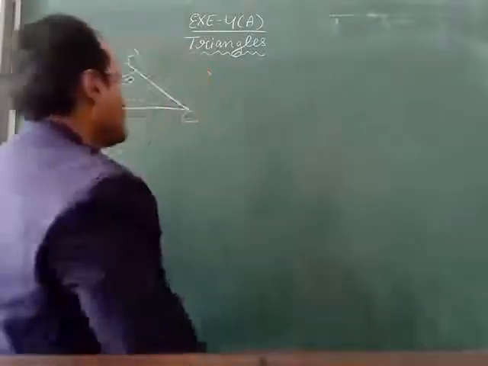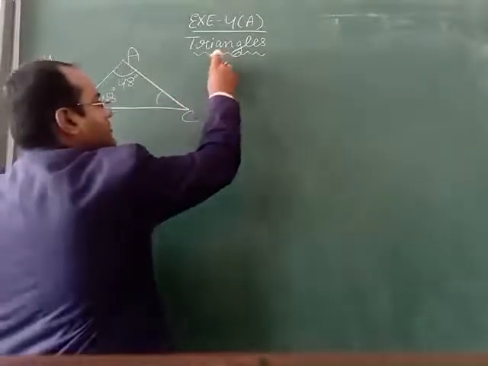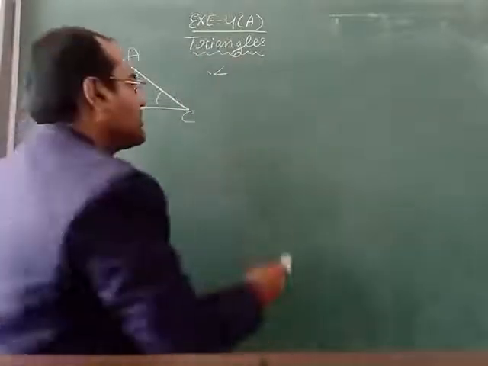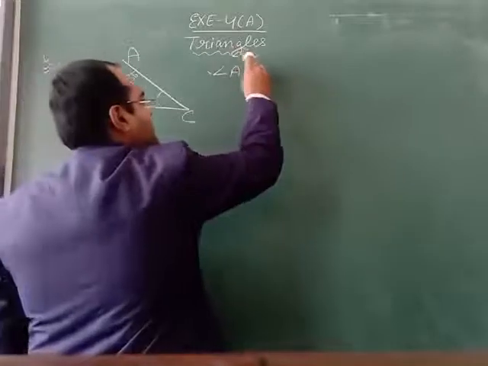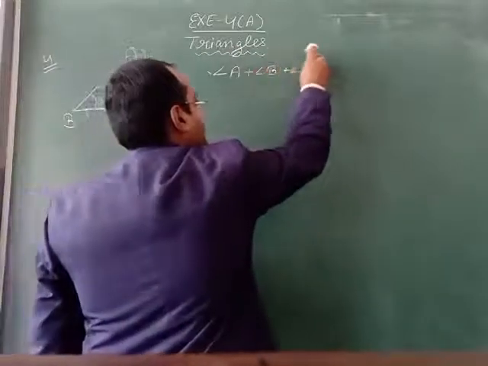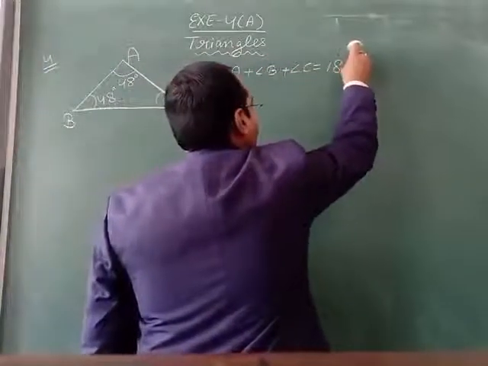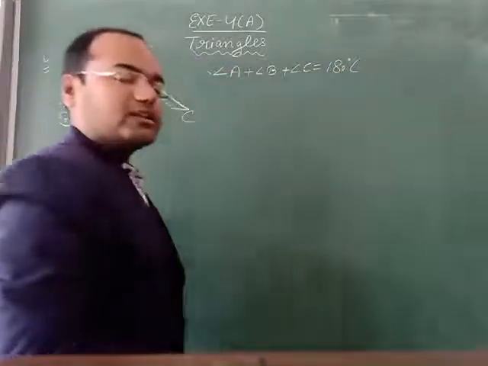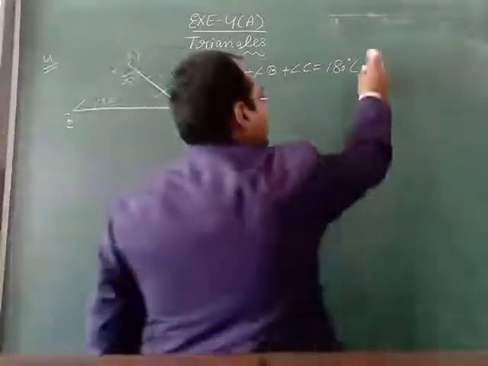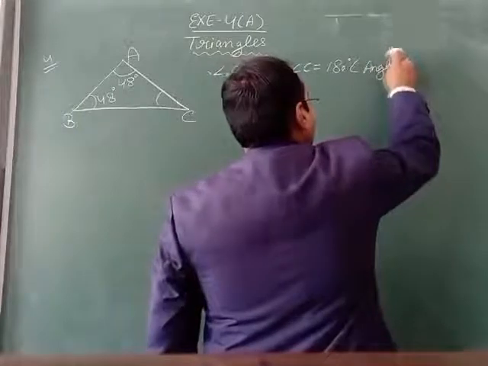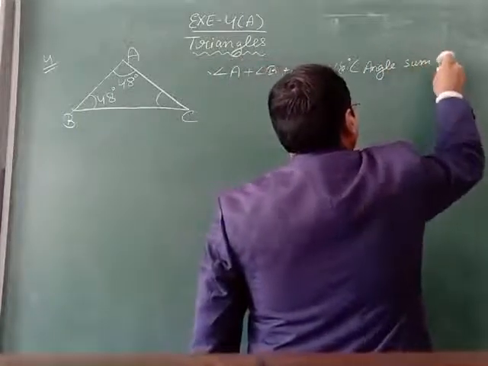So in order to find the third one, we will do the same as we did in question number 3. Angle A plus angle B plus angle C is equal to 180 degrees. The sum of all the three angles of a triangle is 180. The name of the property is angle sum property.